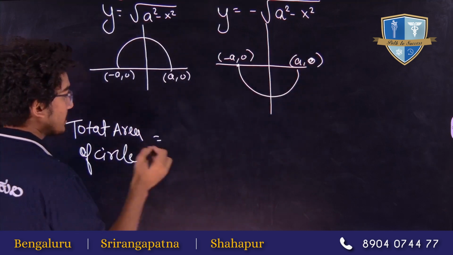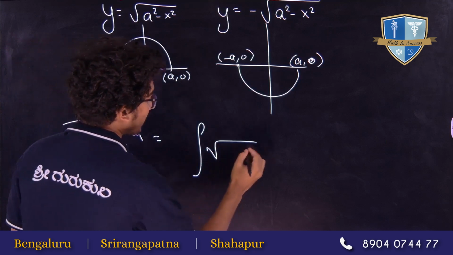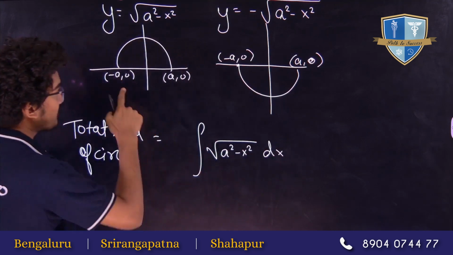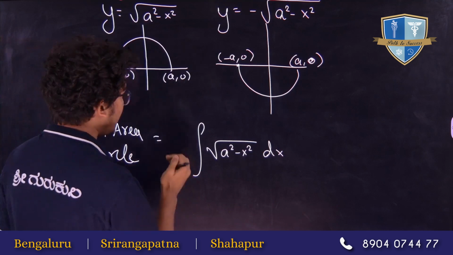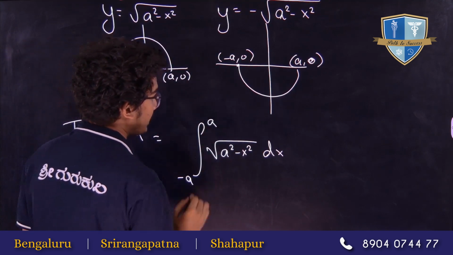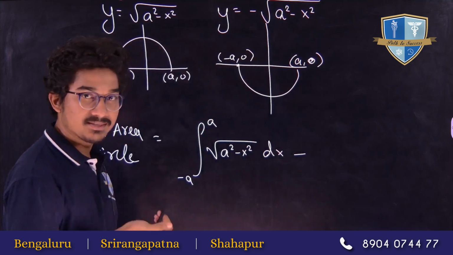So the area under the curve, for this curve the equation is root of a square minus x square dx, with limits from minus a to a. We'll start from minus a and end at a. Here the area will be negative, so we add an extra negative sign.